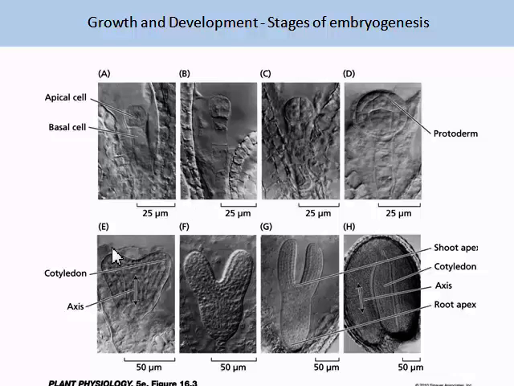This is followed by rapid cell division producing the cotyledon, as can be seen in figure E. This is then followed by the elongation process and is eventually completed with the production of the mature stage. You will note the mature stage contains the shoot apex, the cotyledon, the axes, and the root apex.